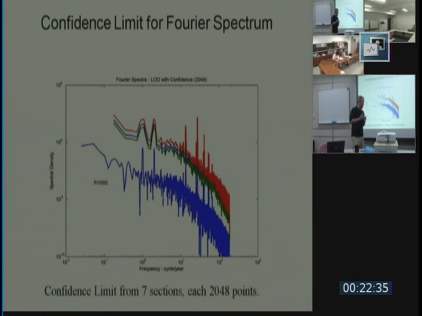So if you divide the data into 7 different sections, each section consists of 2,480 points, and these 7 sections give you almost 14,000 data points, non-overlapping. If you take those 7 sections, you get 7 answers.